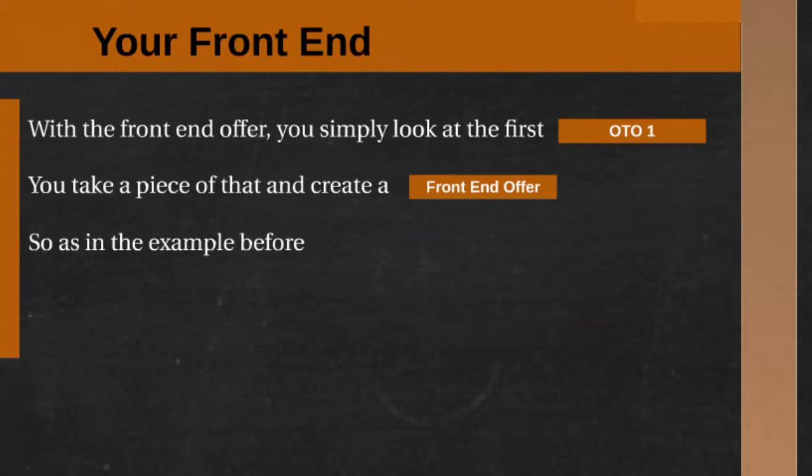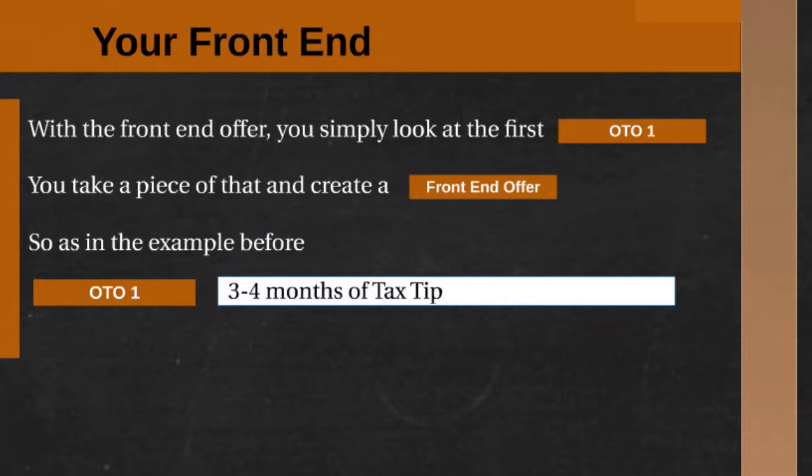So as an example before, the one-time offer number 1, with the example before, would be 3 to 4 months of tax tips. So with taxes always updating and regulations and things like that, you got 3 to 4 months of tax tips.